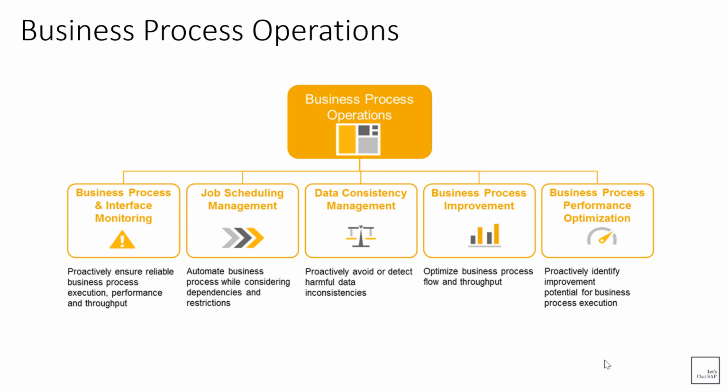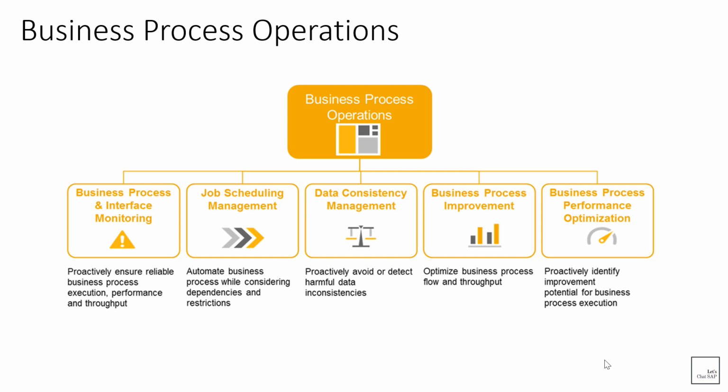Next one is data consistency management. This tool helps you ensure correct and up-to-date data is maintained between SAP systems at all times. An organization's SAP landscape usually consists of multiple SAP systems, and the data will flow between all of them or some of them.